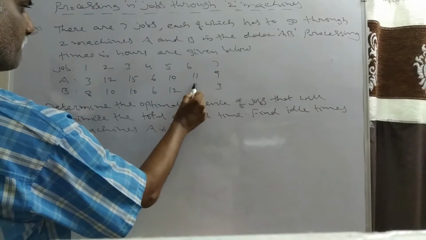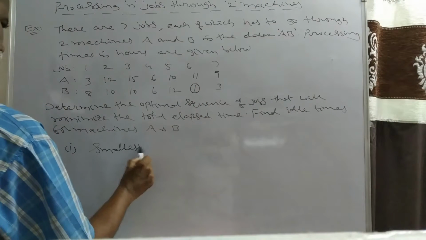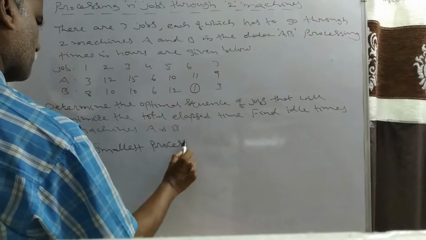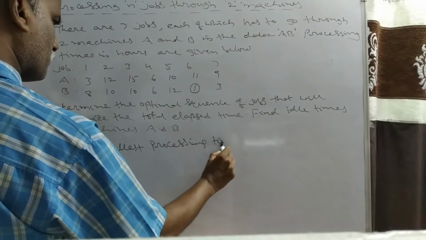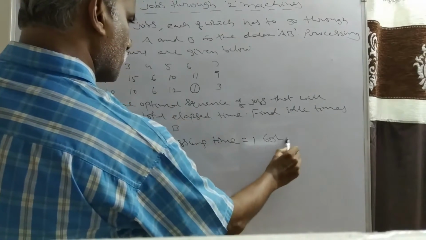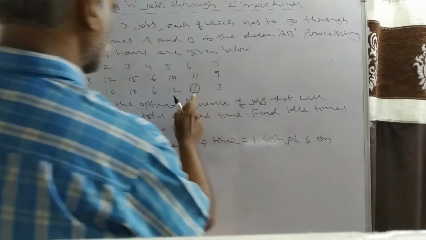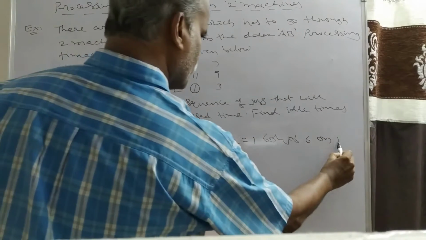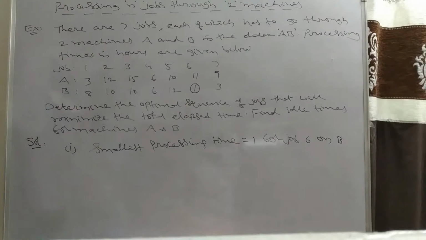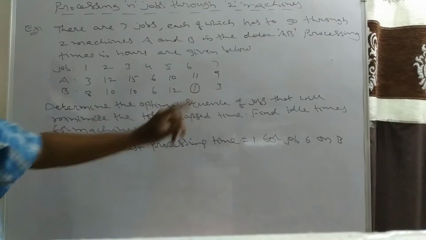This is 1. So the smallest processing time is 1 for job 6 on machine B.